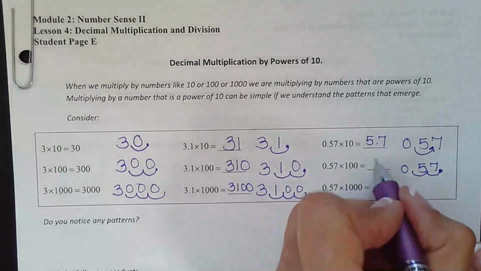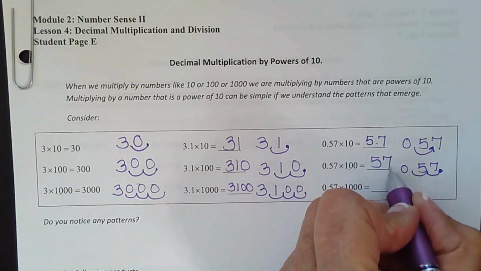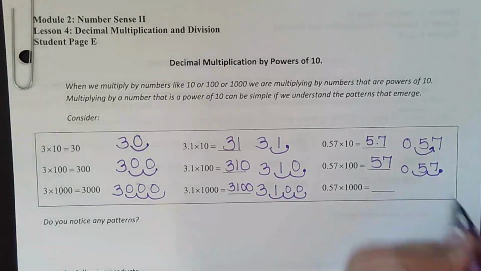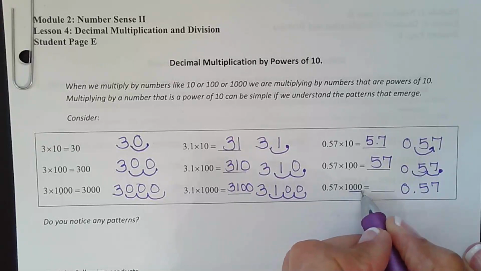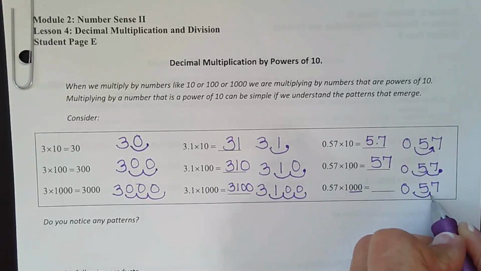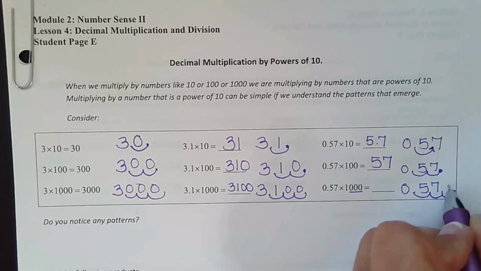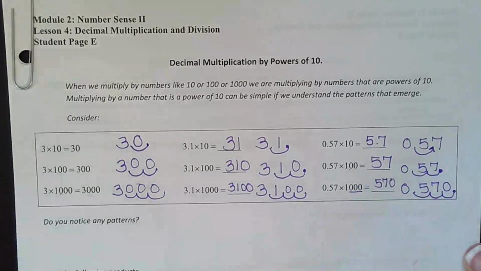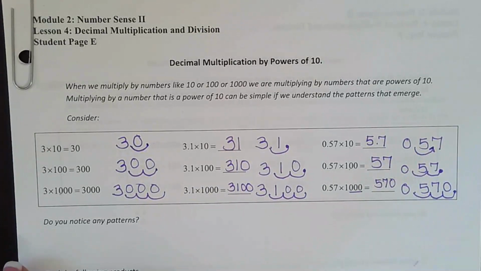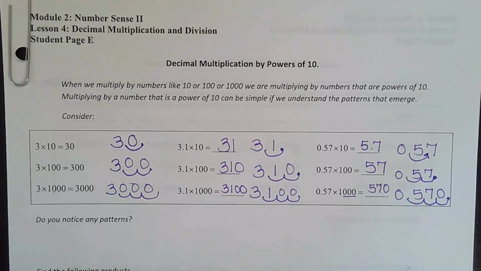So now the number is just plain old 57. 0.57, when I multiply by 1,000, I have to move it 3 places to the right. 1, 2, 3 means add 1 0. So that number is going to be 570. So super easy. That's why I love this section and the next, because all we're doing is moving the decimal places.